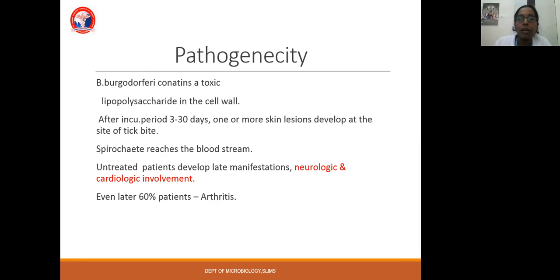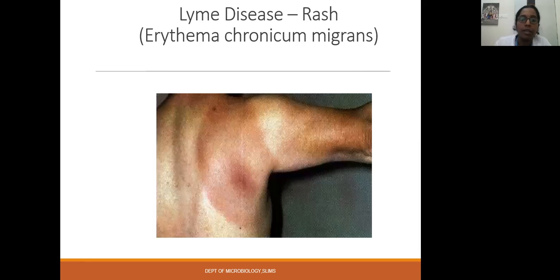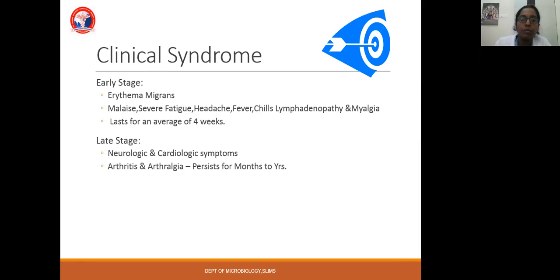If left untreated, it can result in late manifestations, neurological or cardiac involvement, and sometimes a patient can end up with arthritis. So this is a Lyme disease rash. There are two stages here.